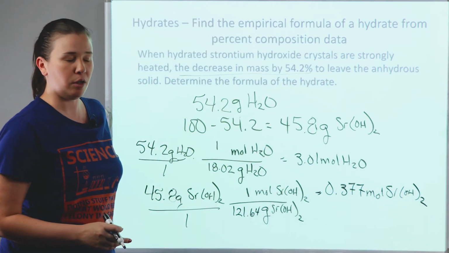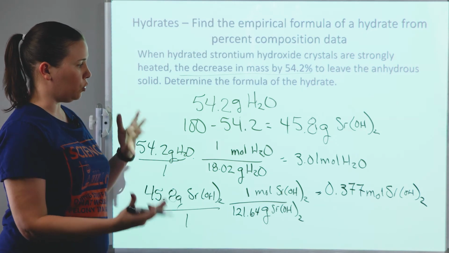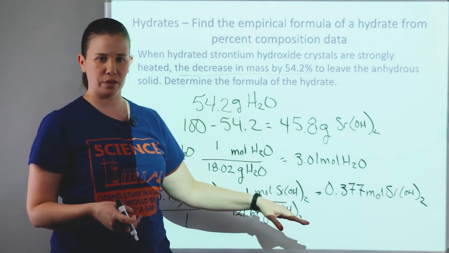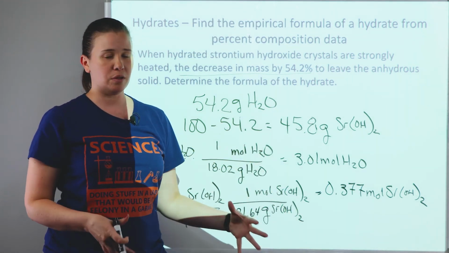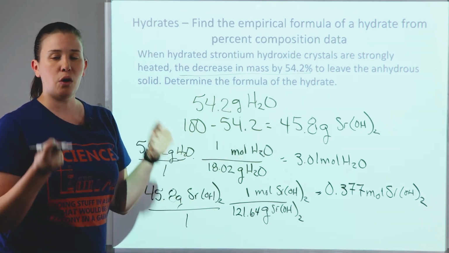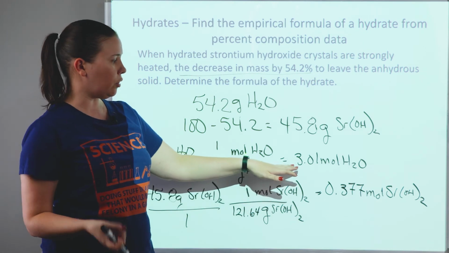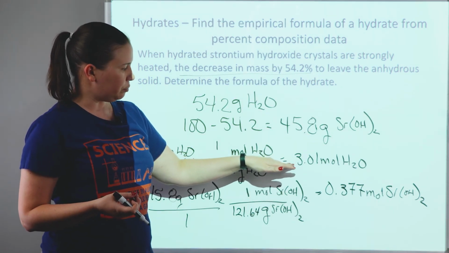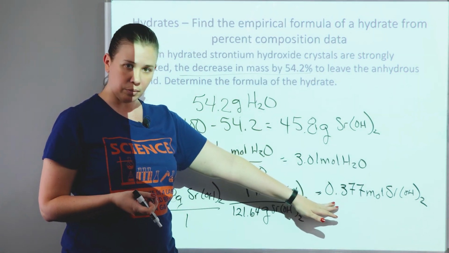Now that we have our moles, it's time to get our mole ratio, comparing moles of one thing to the other. Just like with finding the empirical formula, you always divide by the smallest. We want whole numbers if we can. So big number 3.01, little number 0.377.